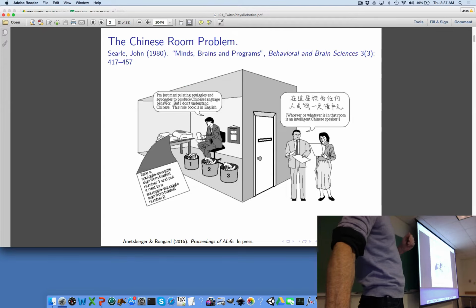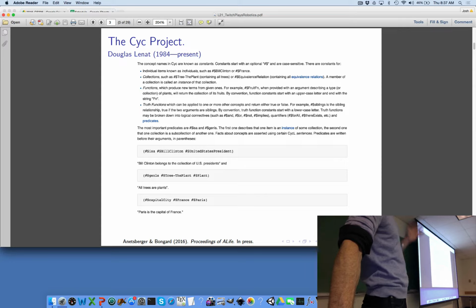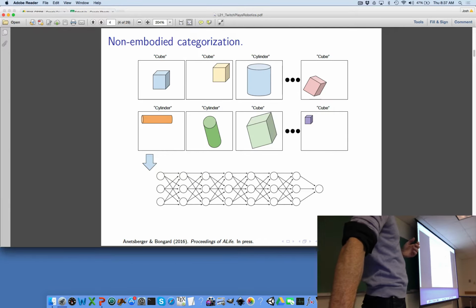Again, we motivated this last time by looking at the Chinese room problem and the Turing test, where this symbol grounding problem came from in the first place. There are a lot of AI researchers who still believe that if we do give computers enough symbols and relationships between them, these computers will come to understand language. We'll see who wins.